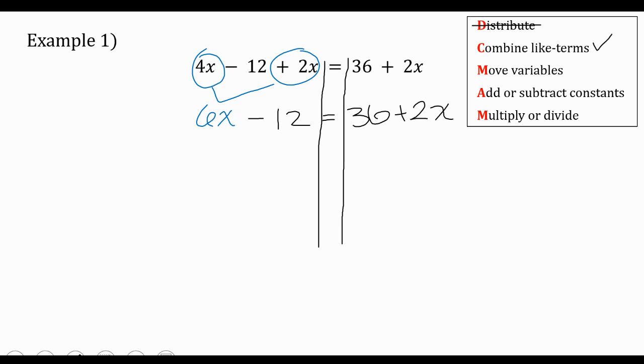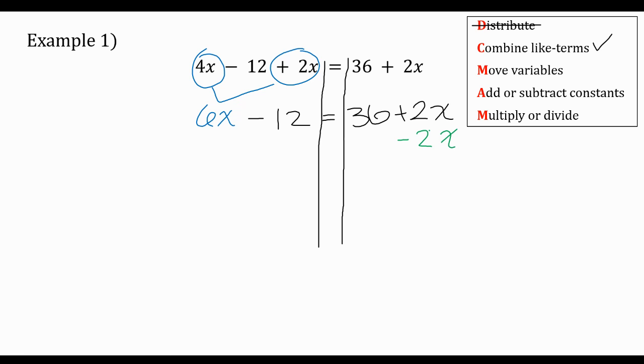Okay, so we did that first step. Well, that second step, technically. Now we're going to move our variables. So we're going to take a look at the terms that have variables and which one has a smaller coefficient. So we have a 6x and we have a 2x. 2x is smaller, so that's the one that I prefer to move. And we're going to use inverse operations here. So it's a positive 2x, so we're going to subtract it on both sides.